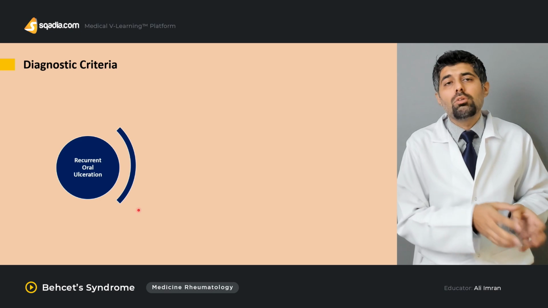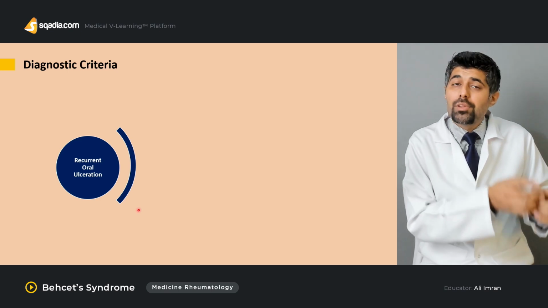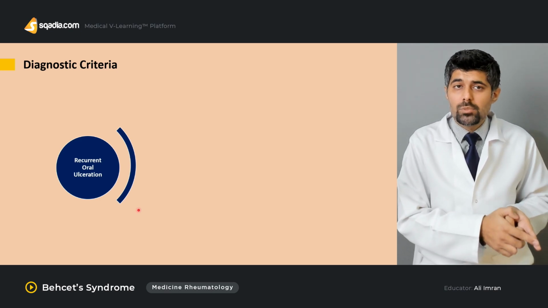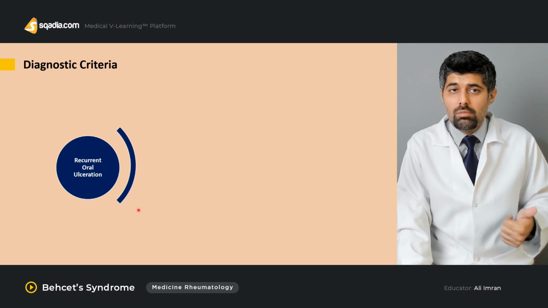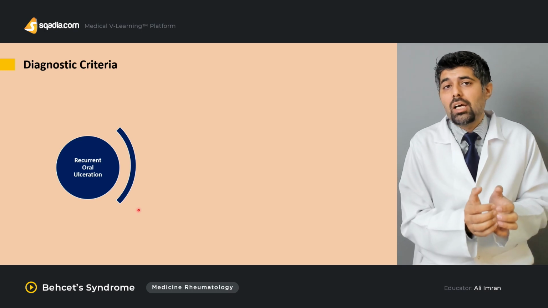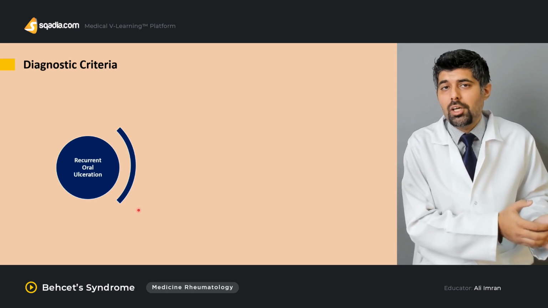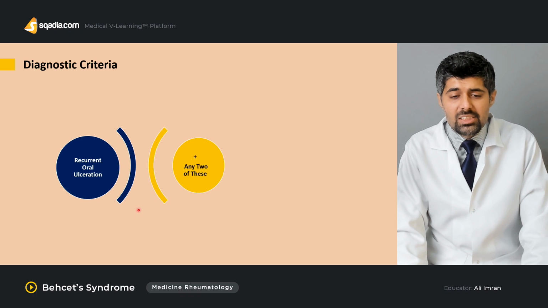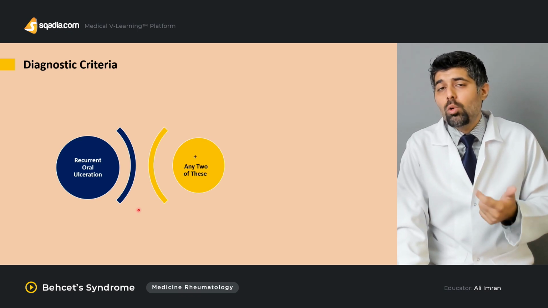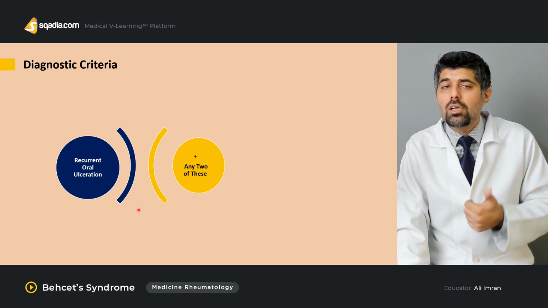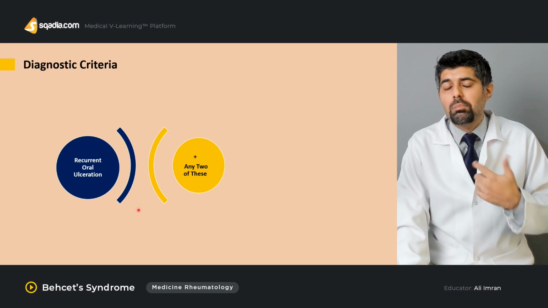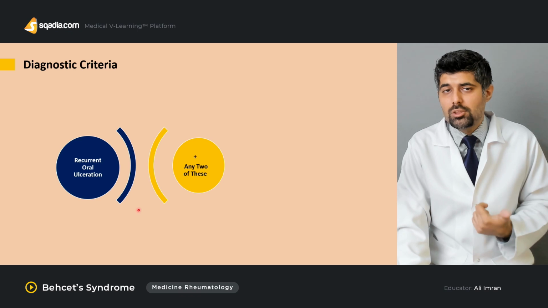You cannot diagnose a patient with Behcet's without this symptom. So this symptom must be present if you want to follow the guidelines for the diagnostic criteria. Next, if any two of the following are present along with oral ulceration, then we can easily say that the patient is suffering from Behcet syndrome.